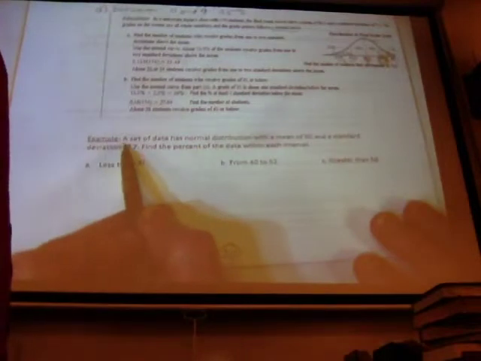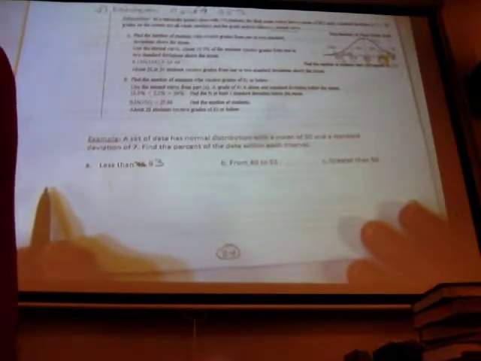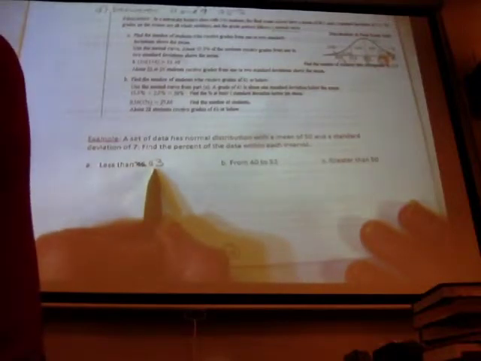So here, a set of data has a normal distribution with a mean of 50 and a standard deviation of 7. Find the percent of data within each interval. Change this to 43 because we can't do it that way. So if it's less than 43, what deviation will this be at? A -1. So I'm talking about everything below -1.